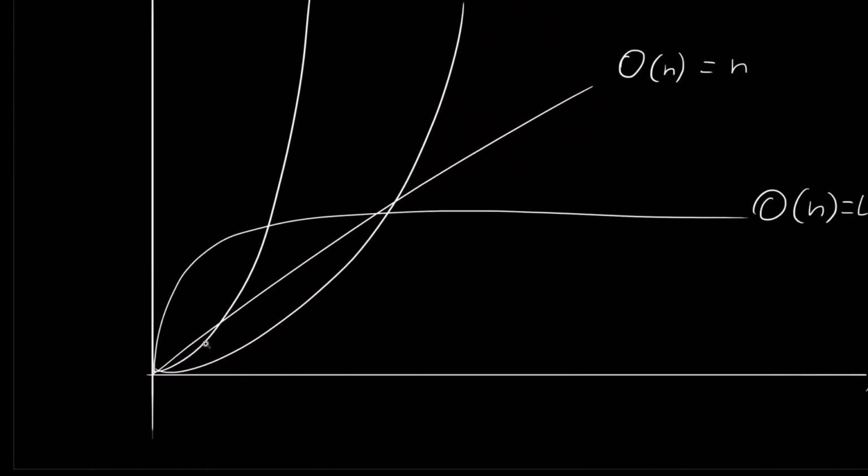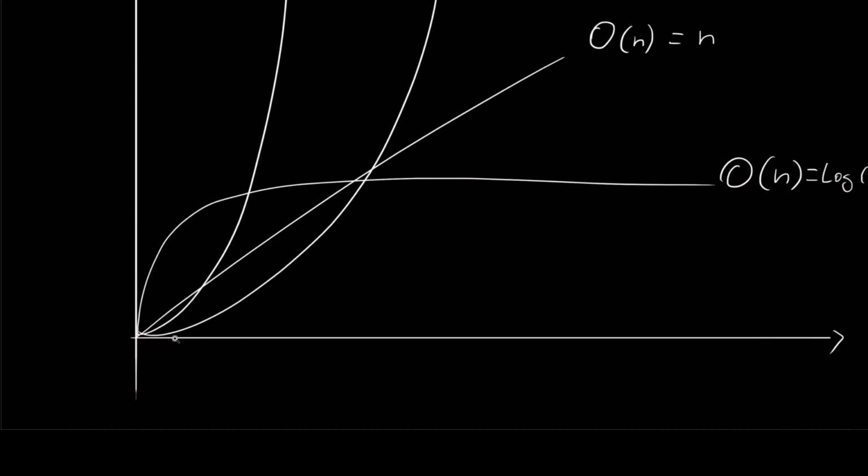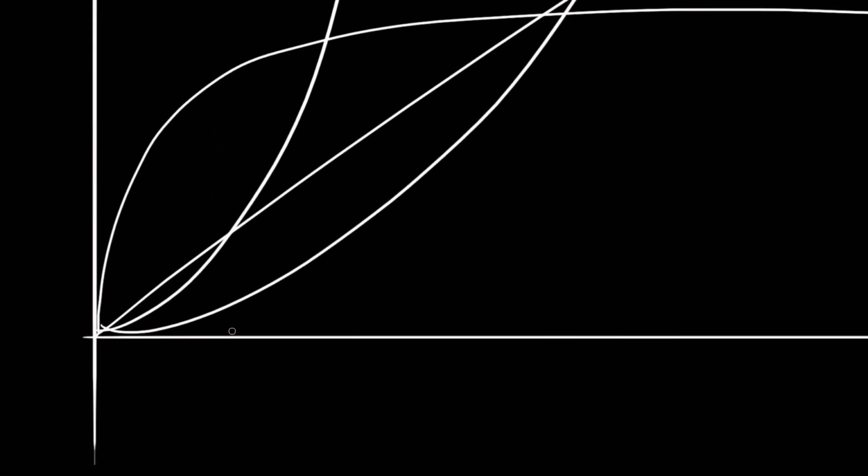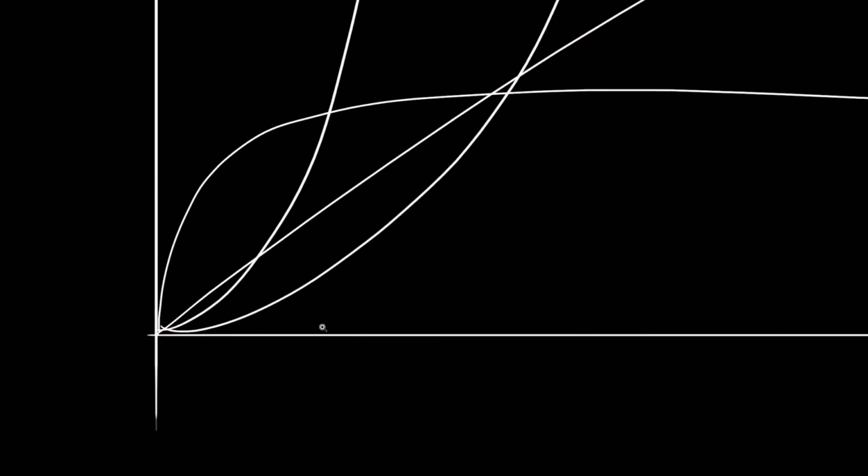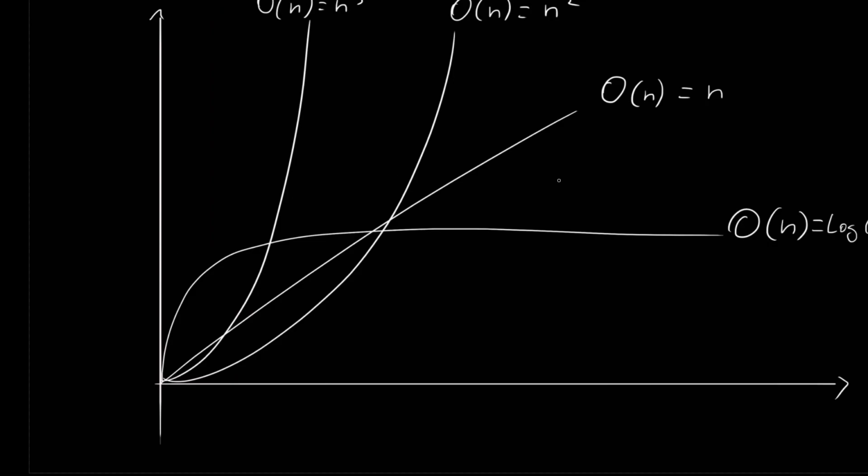Another thing I want you to notice is that the scale of this graph does not matter at all. It doesn't matter if here we have a 10 or 10 million. It doesn't matter at all. What matters is the curve and how the curve develops and how the curve changes.